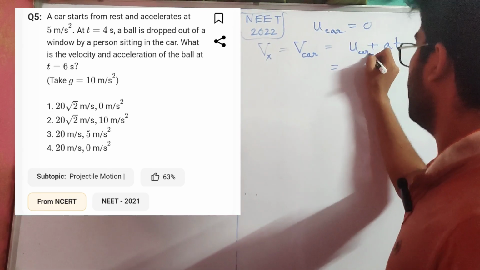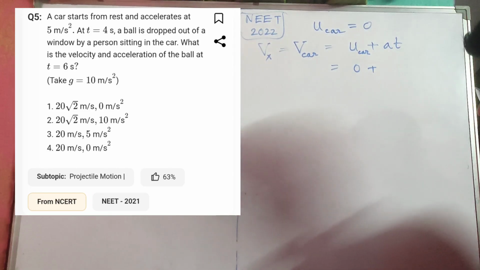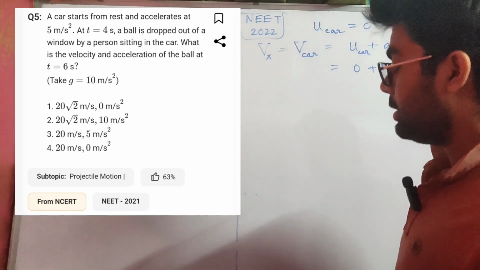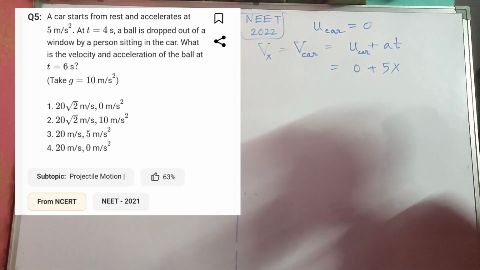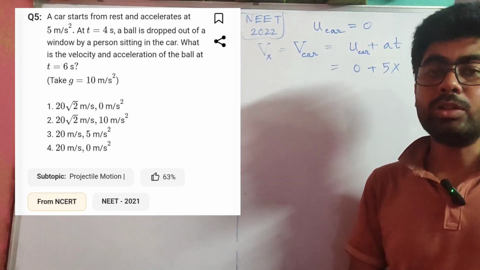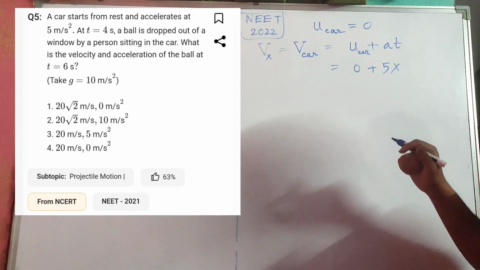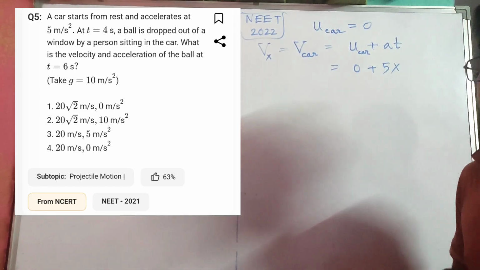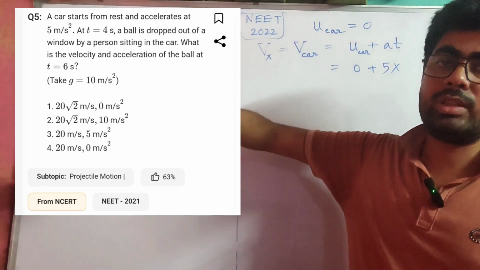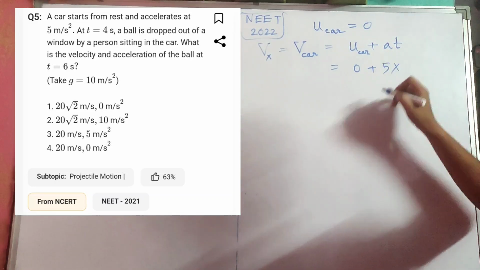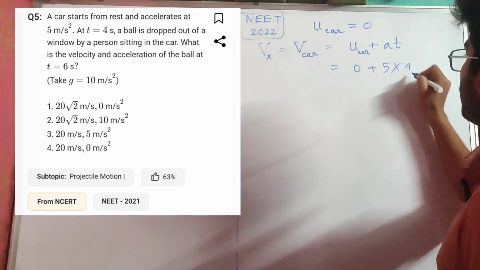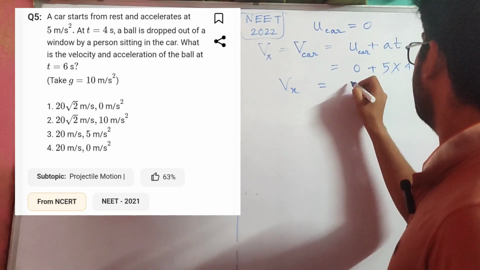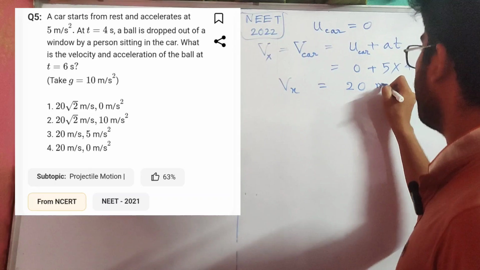That means u of car is 0 plus a, the given value a of car, 5 meter per second square, times t. The ball is thrown from the window of the car at 4 seconds, so t is 4 seconds. Vx is 20 meter per second.